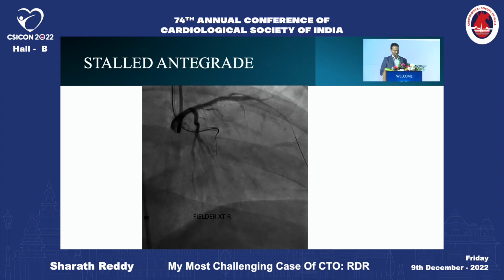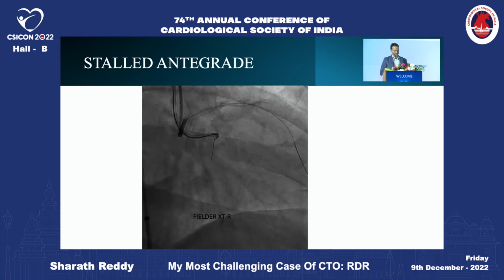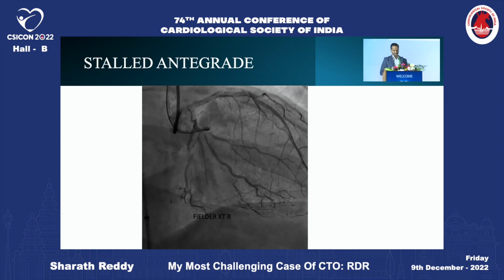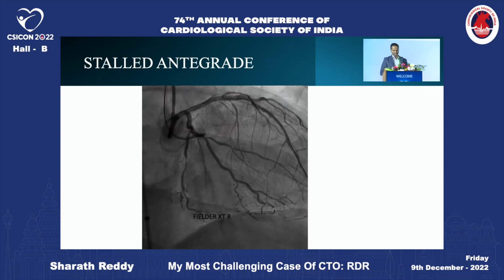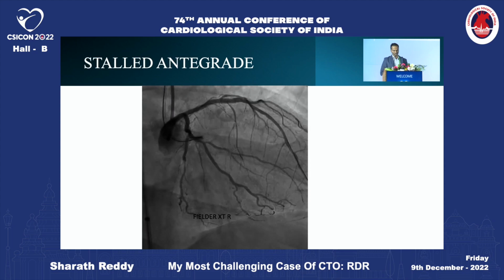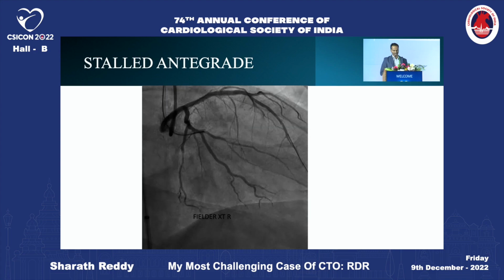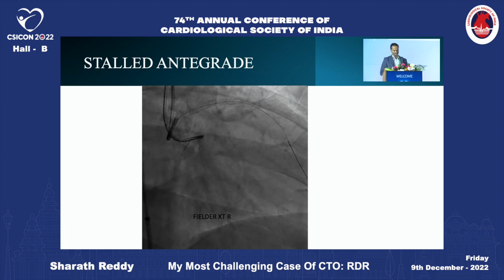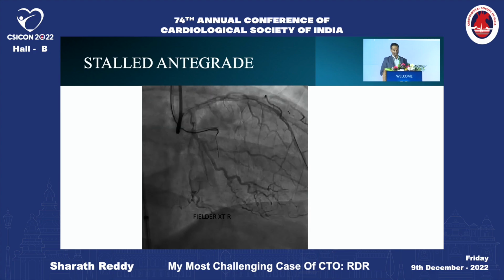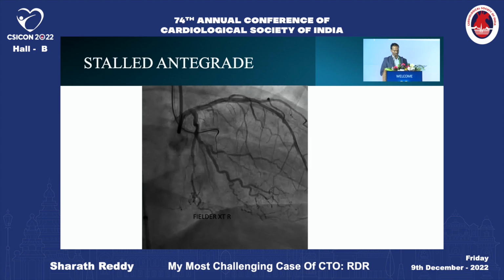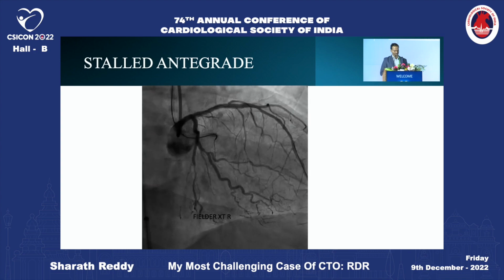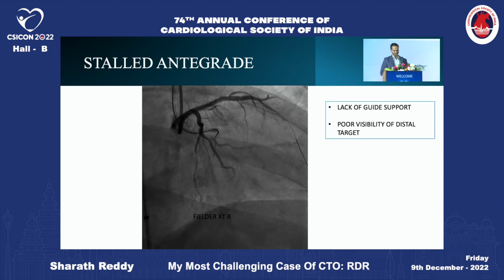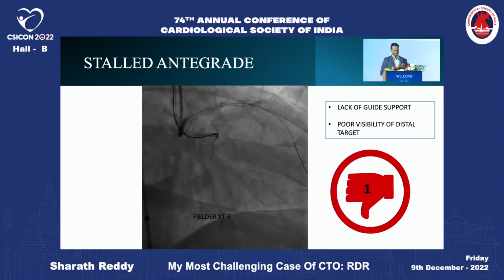After that, we couldn't see the distal vessel so clearly because I was not able to inject antegrade, as the guide is almost sitting in the RCA with complete pressure damping. So we couldn't inject antegrade, and with retrograde injection, I couldn't see it very well. So that stops your antegrade wire escalation, with poor guide support as well as poor visibility of the distal target.